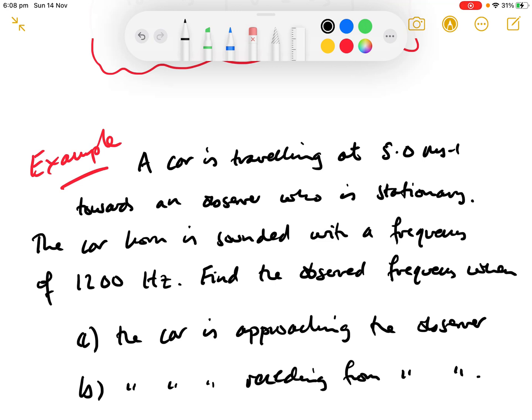Find the observed frequency when A, the car is approaching the observer, and then B, once it's past him and is then receding from the observer.